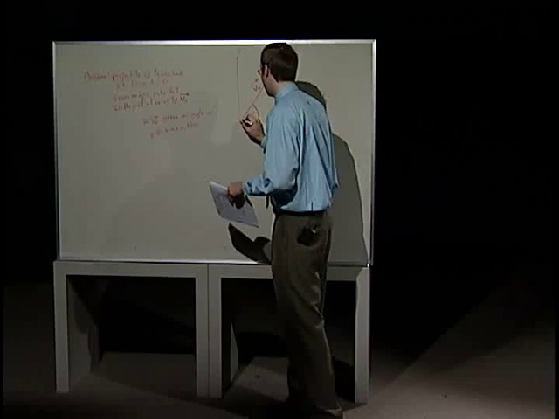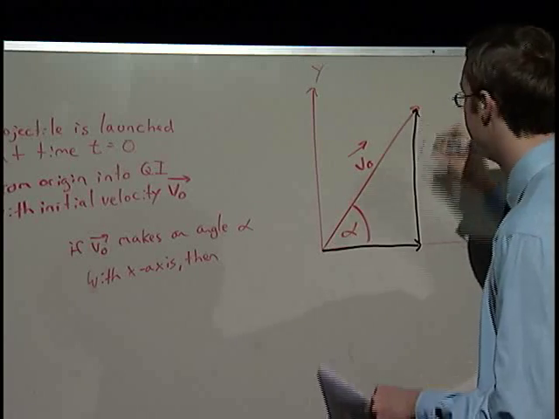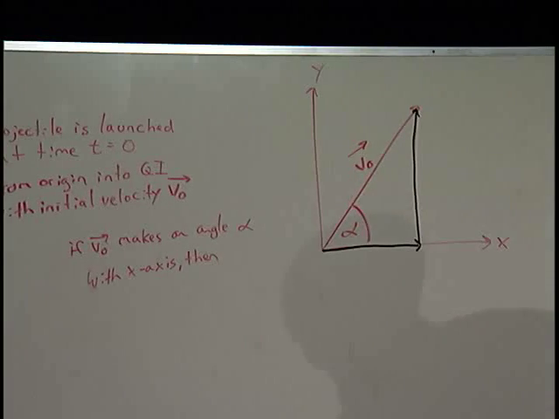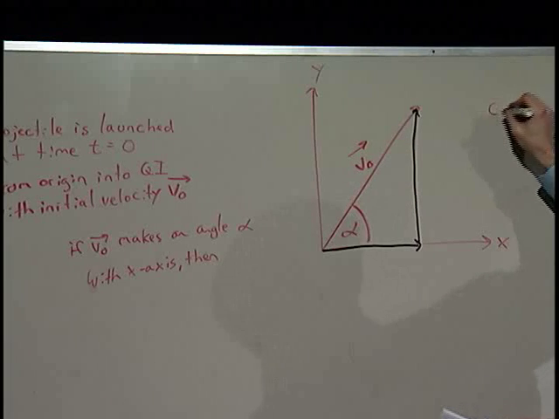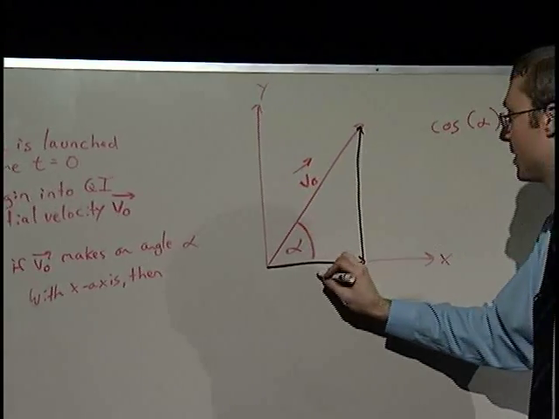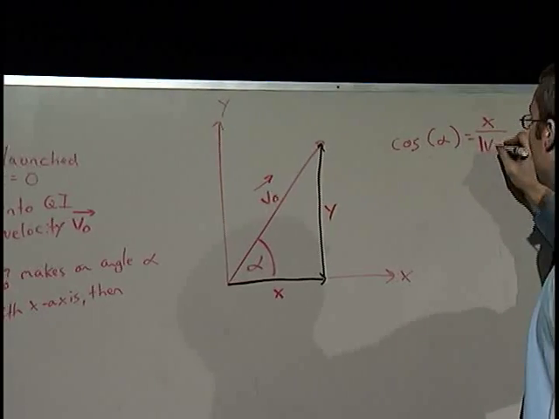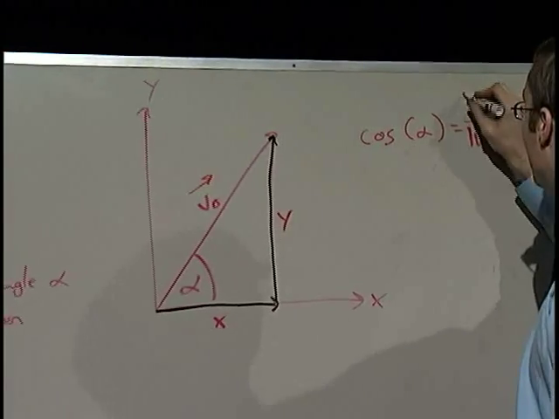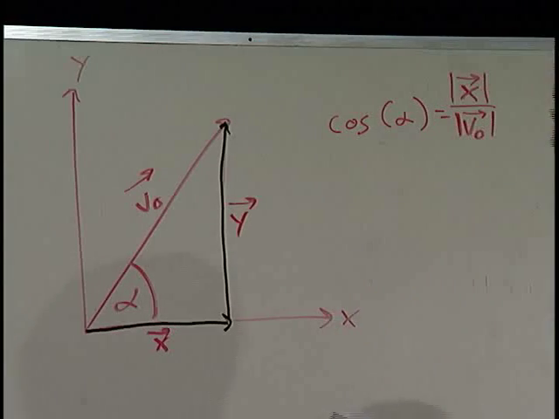So there's the ith component, and there's the jth component. Well, remember that cosine of alpha is equal to adjacent over hypotenuse. So cosine alpha equals, in this case, say we call this x down here, and we call that y, this would be x over v0, the length of x over the length of v0.